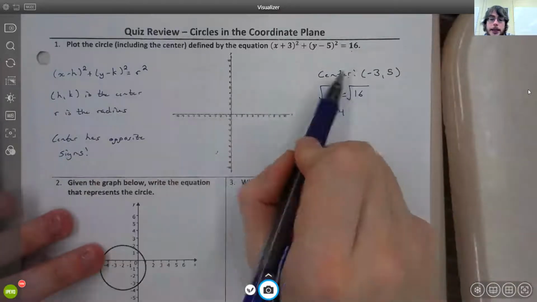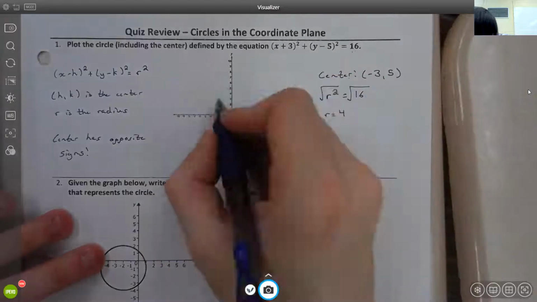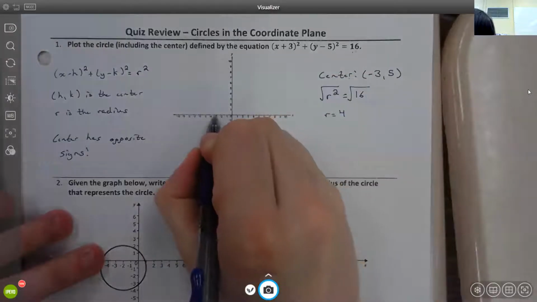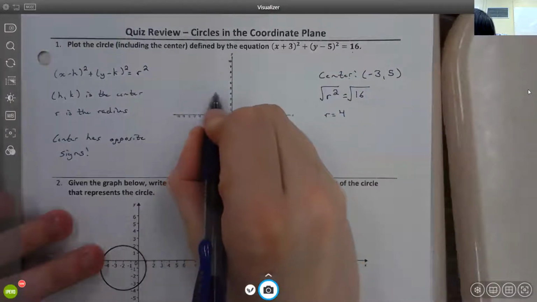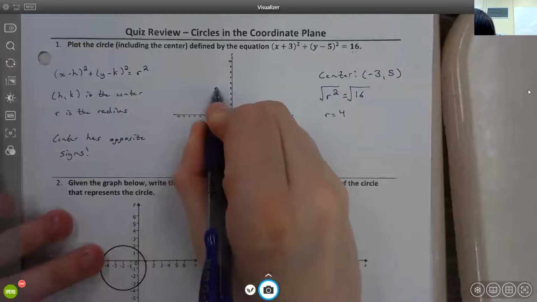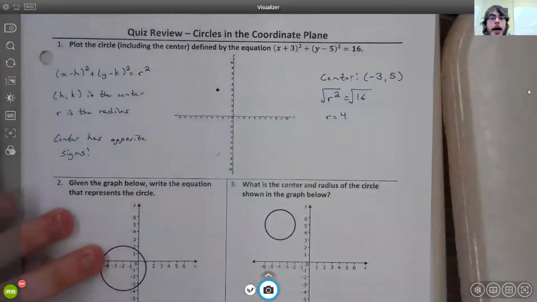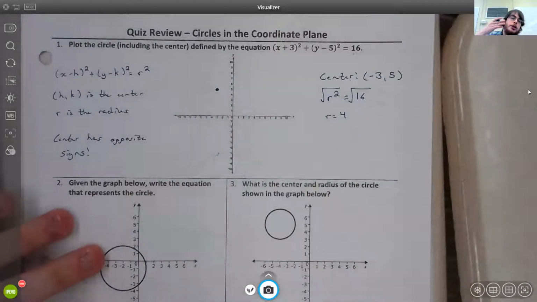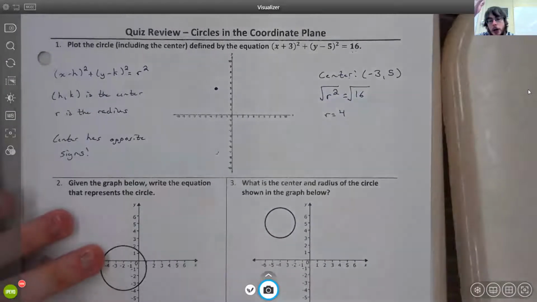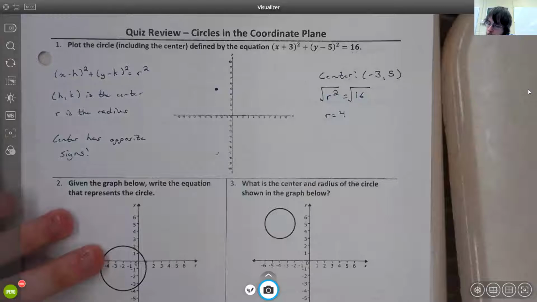So we're going to plot the center, because that's what it wants us to do. So we get negative 3, and then up 5, 1, 2, 3, 4, 5. That's our center. And now, since our radius is the distance starting from the center to the edge of a circle, we're going to go up, down, left, and right 4 places.